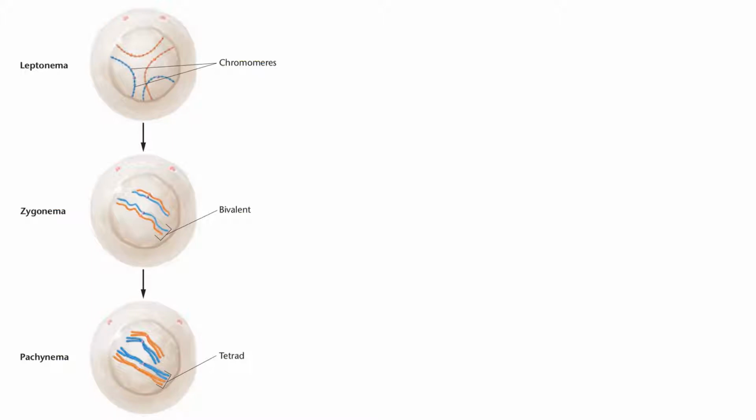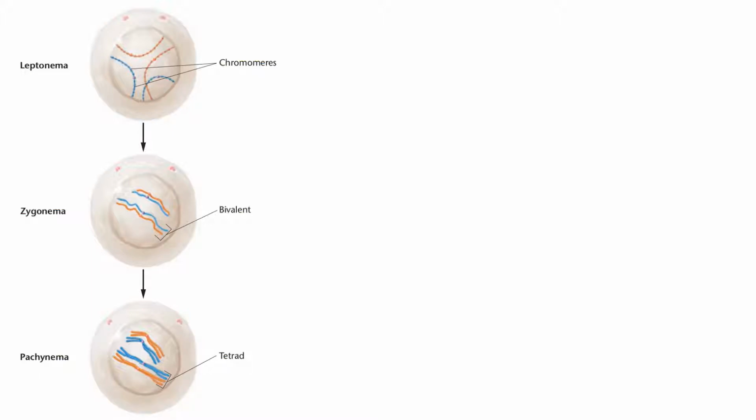You can see the formation of bead-like structures along the length of the chromosomes. These are the chromatin structures from interphase now condensing slowly into their discrete structures, and we now see these structures in leptonema.